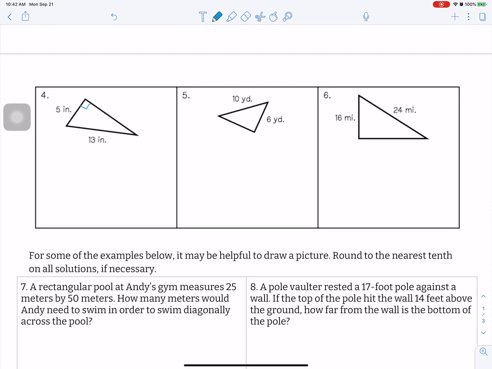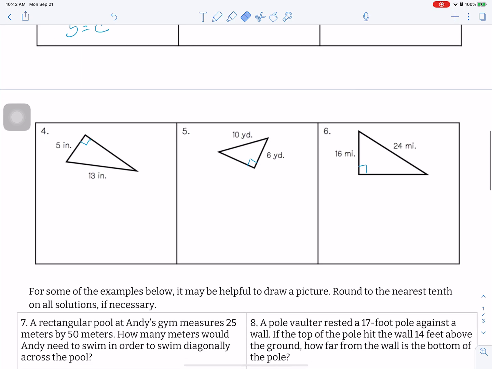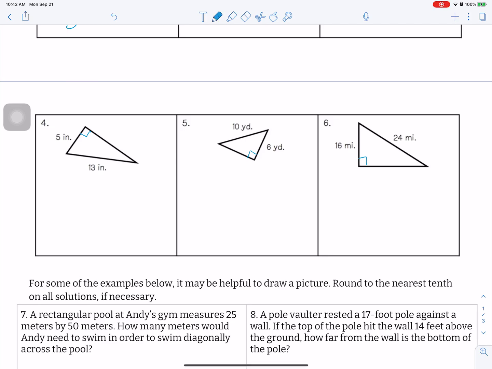On the ones down here, I'm given now a leg and a hypotenuse, so a little bit different look to this. If I look at a squared plus b squared equals c squared, I now have c, and I have either a or b. So if we say this is a, that means I'm looking for b. I want to figure out how to find b, and I'm just going to solve this equation up above.